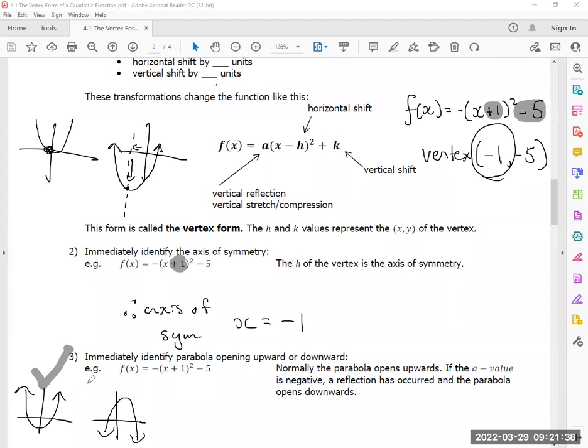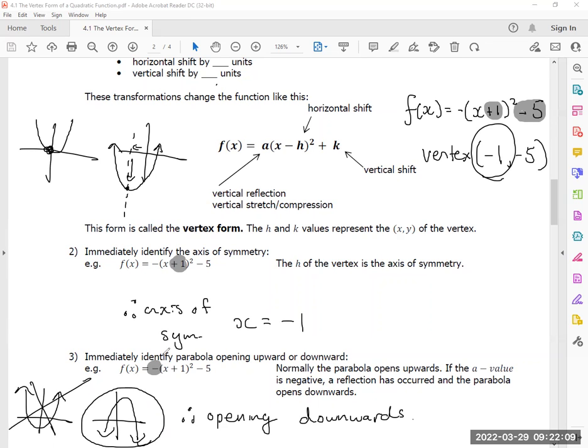However, if you see the function have a negative a value, it could be a -1, -2, -0.5, it doesn't matter. If you see a negative, the parabola is opening downwards. Right? So therefore, it's opening downwards. It is this one, it's not that one because of that negative.